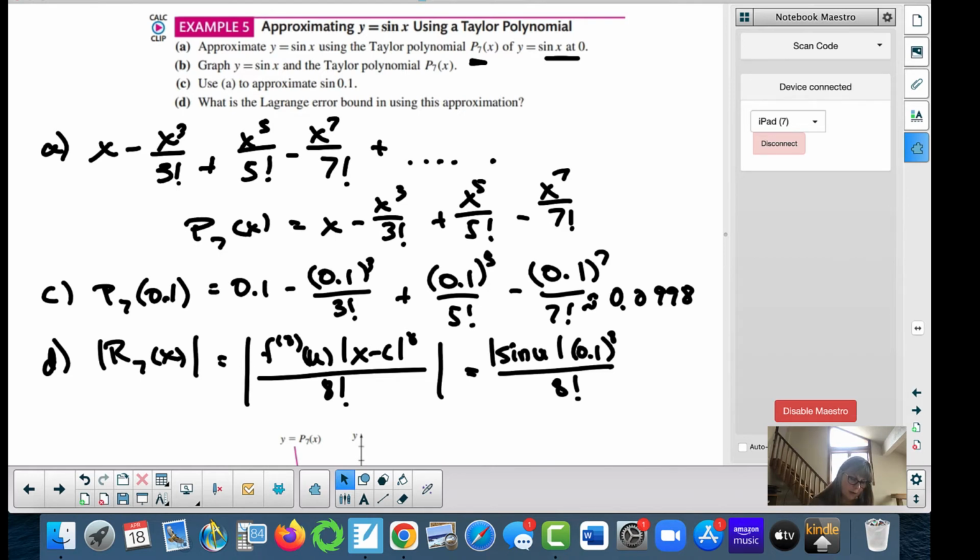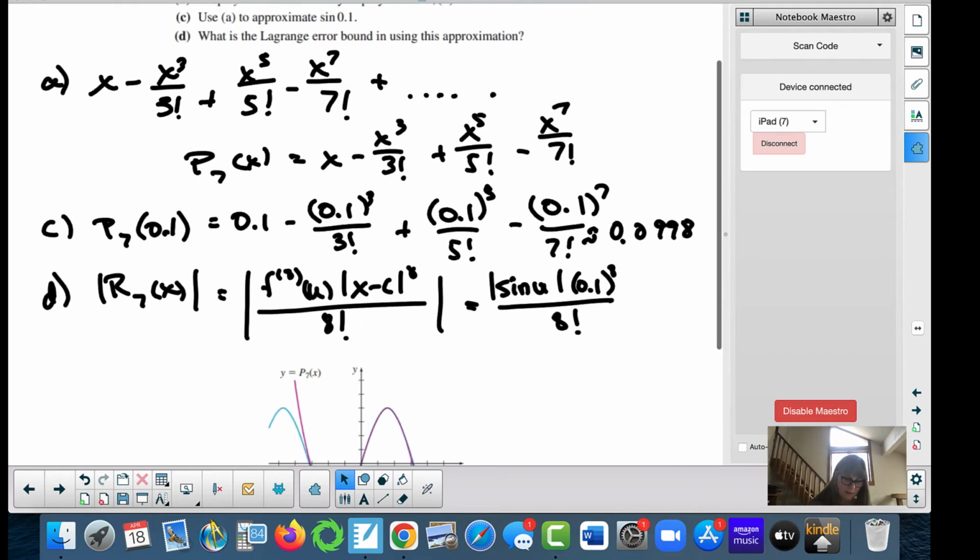And for sine of u, to be able to figure out what that is, well, we know that the absolute value of sine always has to be less than or equal to 1. So we can substitute that in for the sine of u in there.